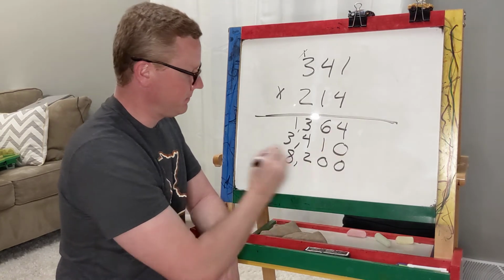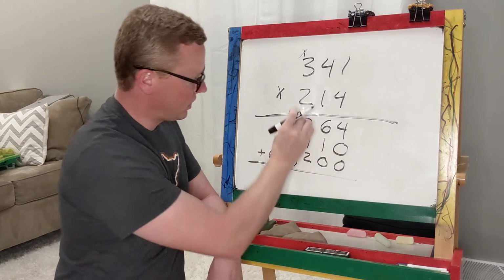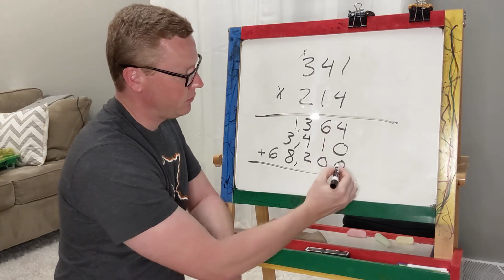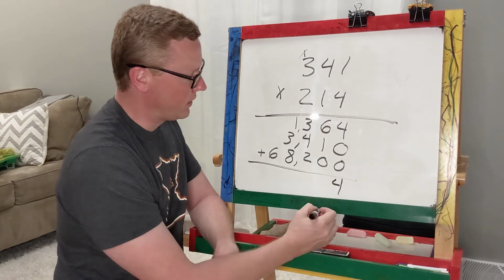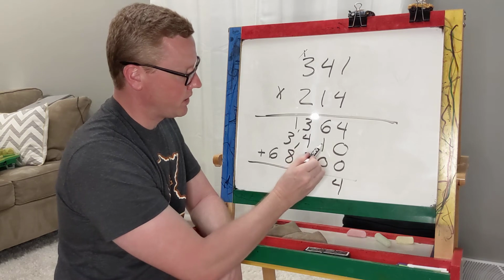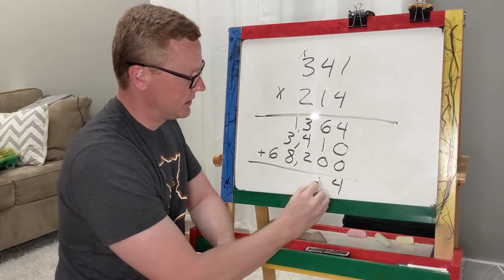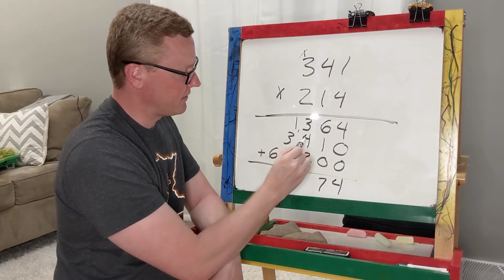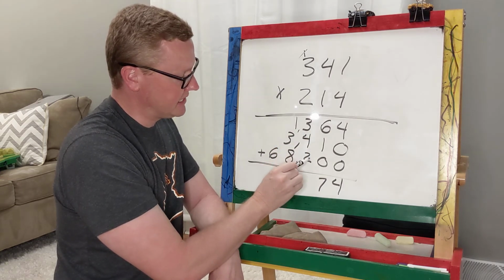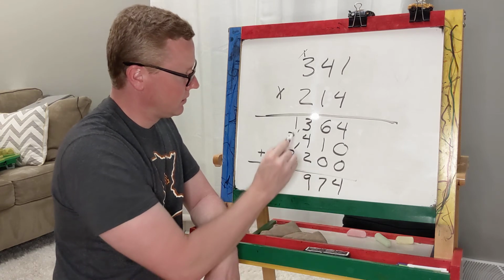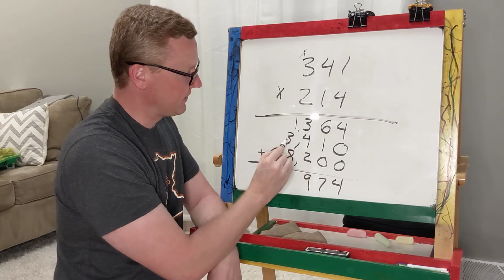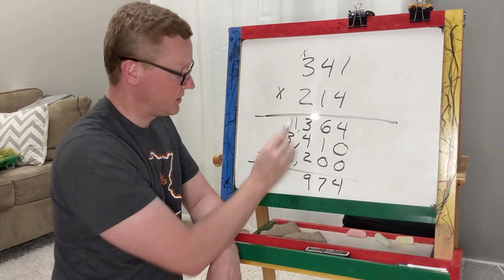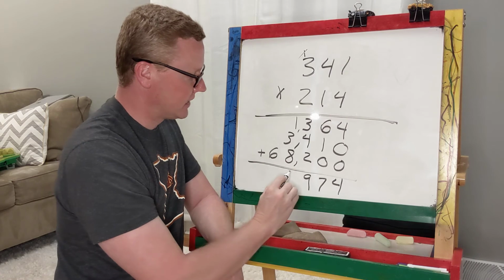So when I add them up, and Mr. B didn't do an awesome job lining them up, so make sure you do it better. 4 plus 0 is 4. 6 plus 1 plus 0 is 7. 3 plus 4 is 7, plus 2 is 9. 1 plus 3 is 4, plus 4 more, 4 plus 8 is 12.